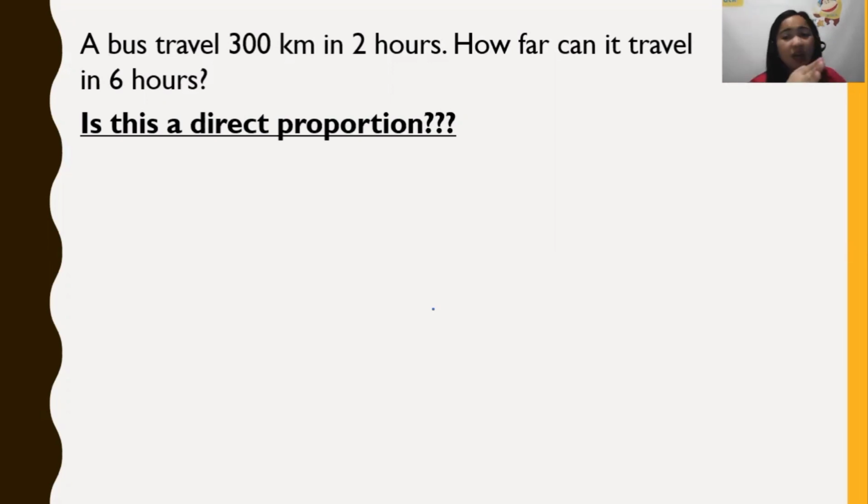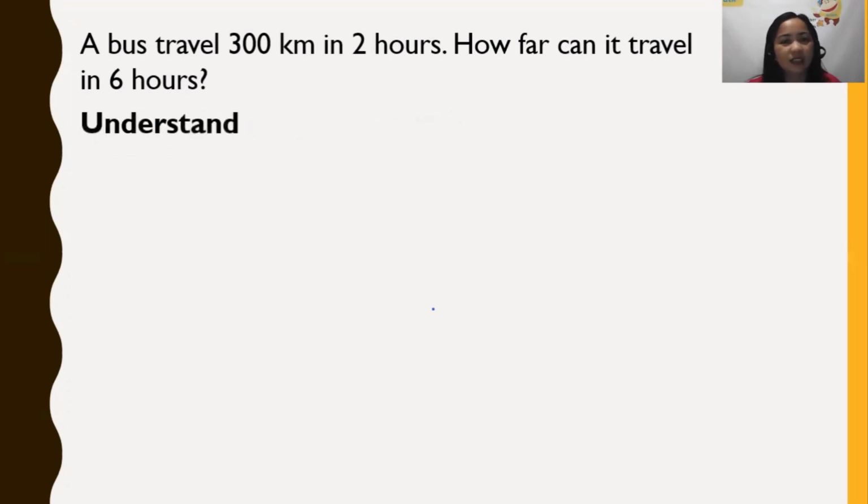Siyempre, kasi kapag humaba yung time mo, siyempre, lalayo yung mararating mo, di ba? Pero kung maiksi lang yung time mo ng pagta-travel, maiksi lang din yung distance na mata-travel mo. Ibig sabihin, as the time increases, the distance also increases. While as the time decreases, the distance also decreases. So that is a direct proportion.